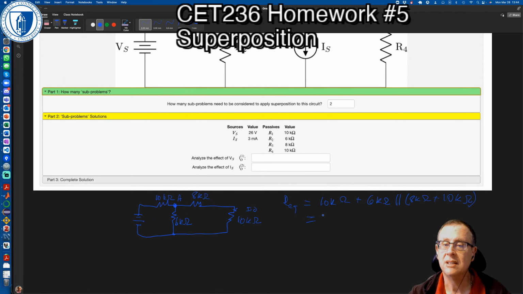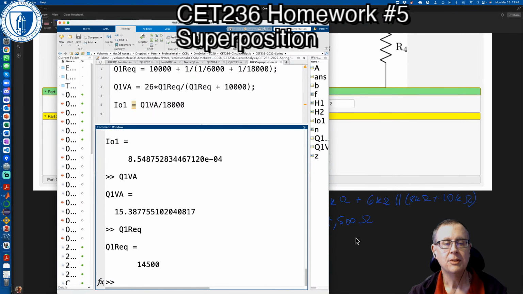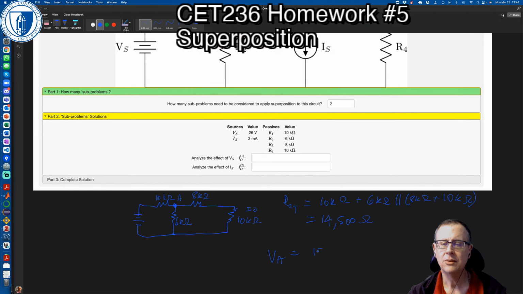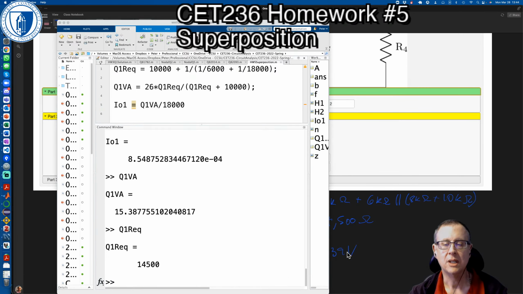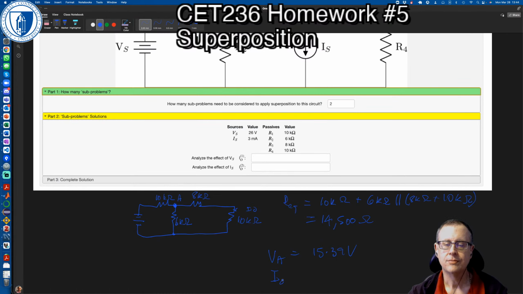So that's 14,500 ohms, and our VA was, what did we say VA was? 15.39 volts, and our current was 0.8549 milliamps.